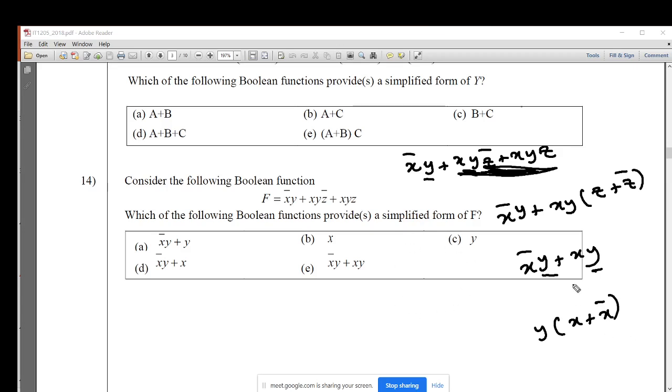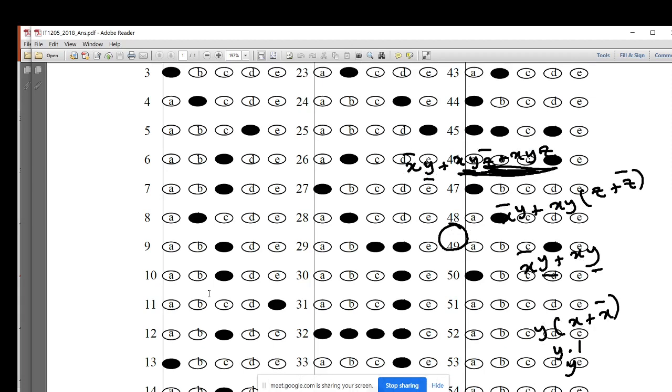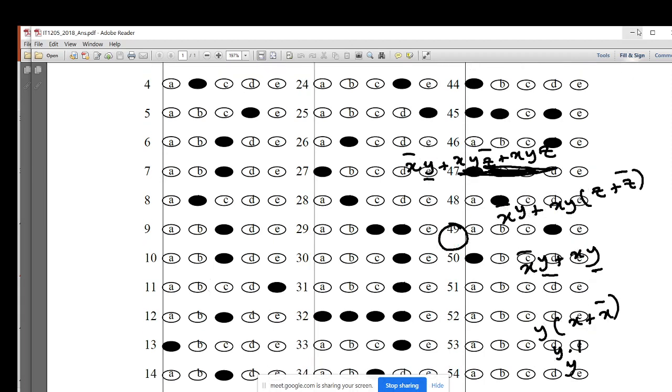So whichever way you remember, x plus x bar is 1, and y dot 1 is y. So the answer is C. Let's see the answer for the 14th. Yes, answer is C. Right.